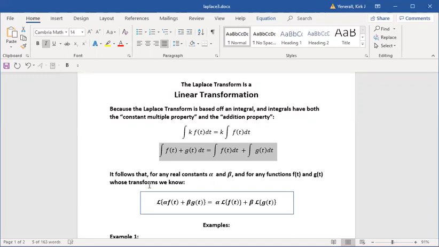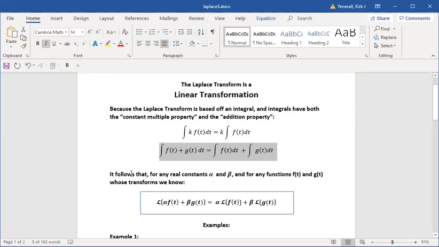So when you combine those two properties together, the constant multiple property and the addition property, we say that integration is a linear transformation, because it has those two properties.